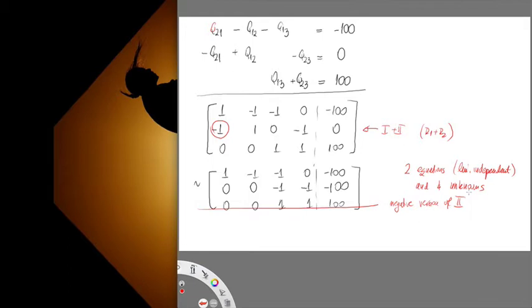So essentially, no matter what, 2 of the fluxes I set arbitrarily, the way I want, and the other 2 are dependent on them.